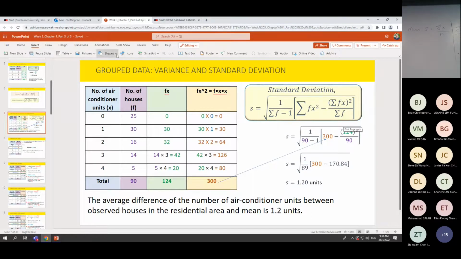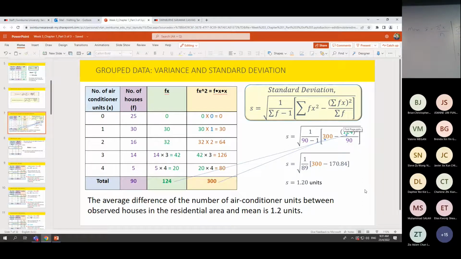This is the total fx value, substitute to here. And don't forget you have to put brackets and power 2, it's from the original equation. Don't forget to put power 2. And then lastly, this one, total f. How to get the total f value? From this column. So substitute to here.